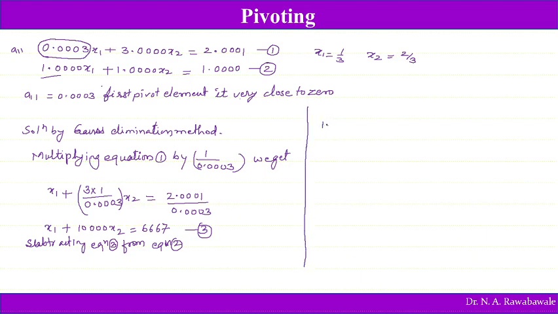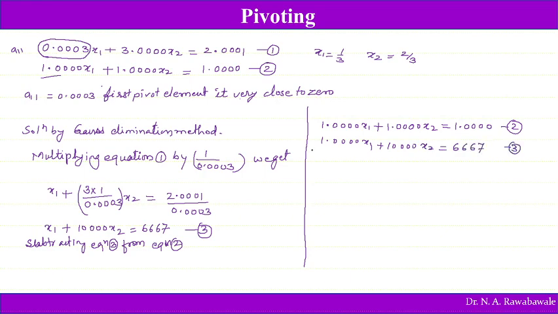Equation number 2 is 1.0000 x1 plus 1.0000 x2, which is equal to 1.0000. And equation number 3 has coefficient of x1 again 1, that is 1.0000 x1 plus 10,000 x2, which is equal to 6667.